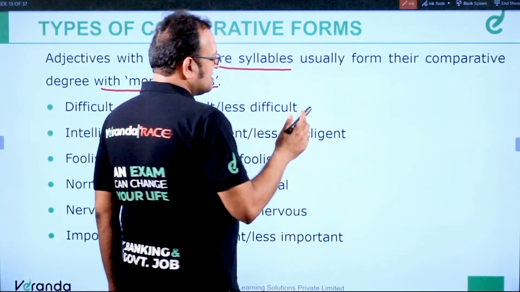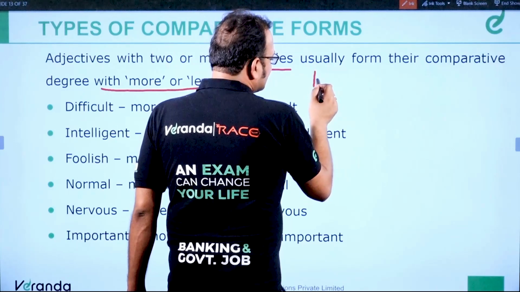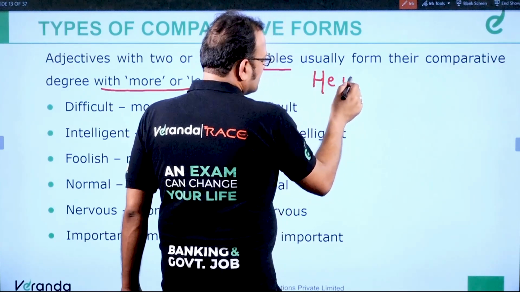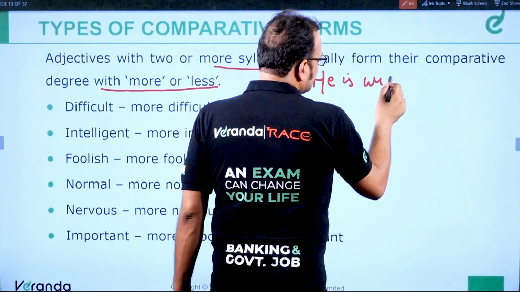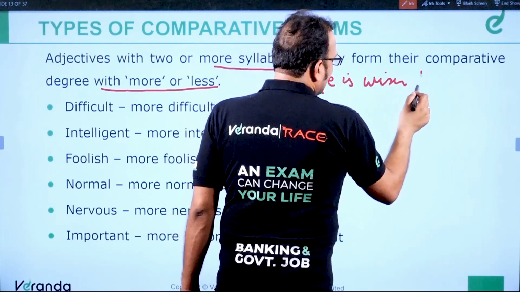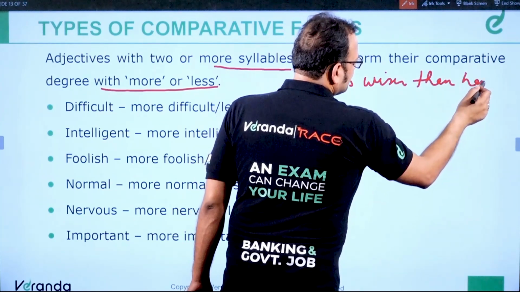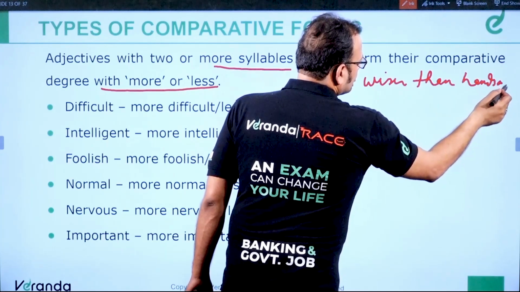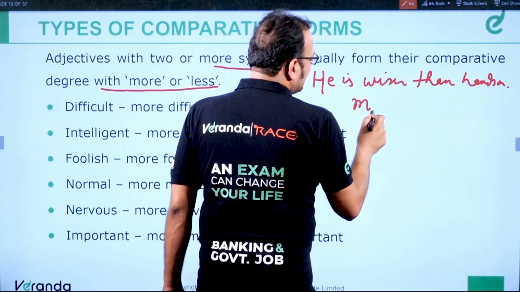Now suppose I have to say, he is wiser than handsome. So this is incorrect. We say he is more wise than handsome.